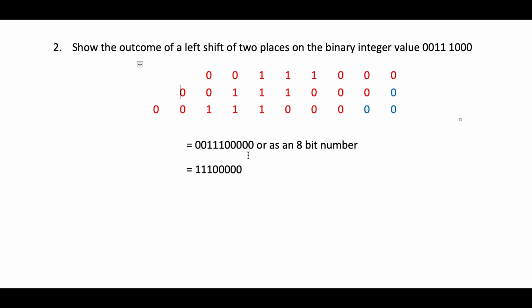Now, our answer is therefore this binary number here, or if you would like to use it as an 8-bit number, we are just stipulating the 8 digits from the rightmost, least significant bit.